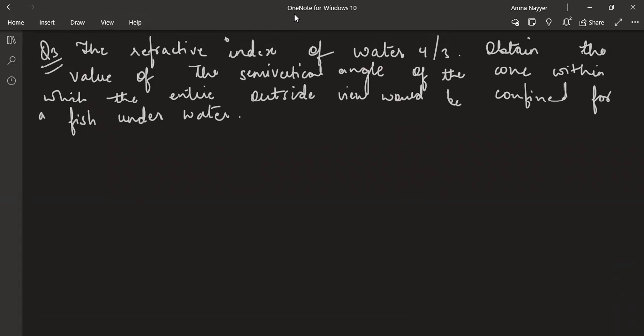The refractive index of water is 4/3 given. Obtain the value of the semi-vertical angle of the cone within which the entire outside view would be confined for a fish underwater. See, let's say this is the cone.